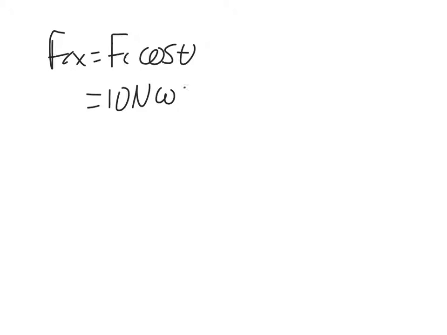So FCX is equal to the contact force times the cosine of the angle. So this equals 10 newtons times the cosine of 40 degrees. 10 cosine 40 is 7.66, keeps on going, newtons.